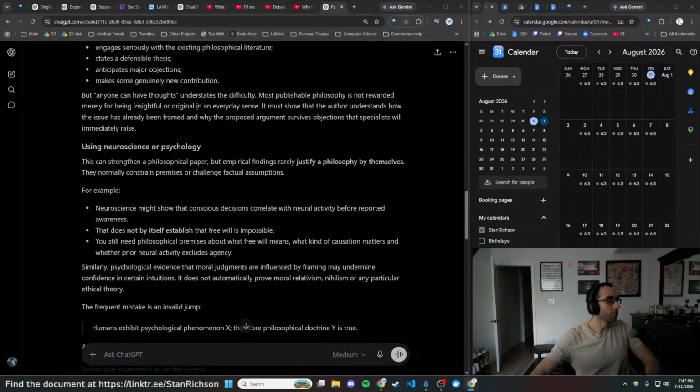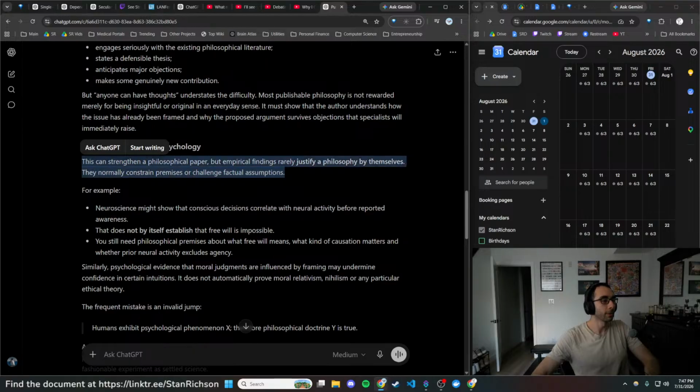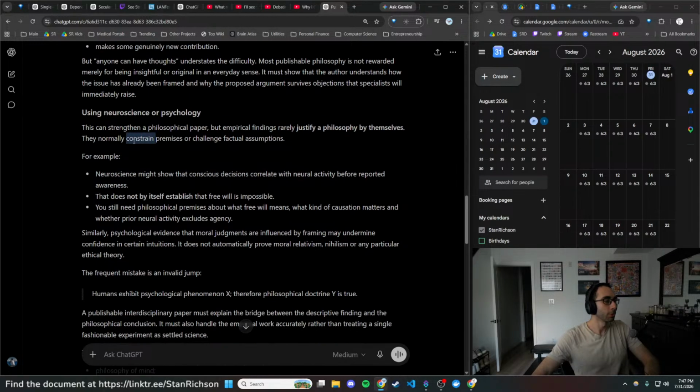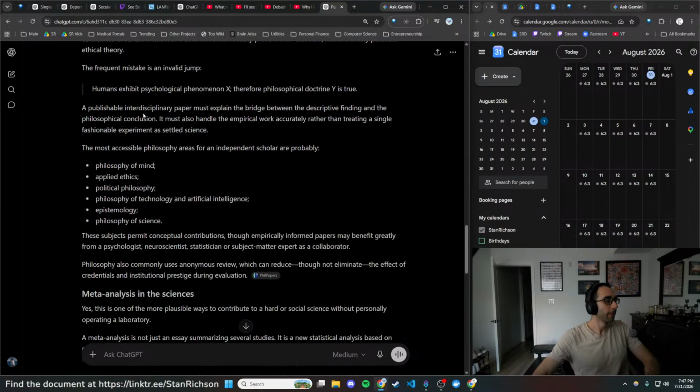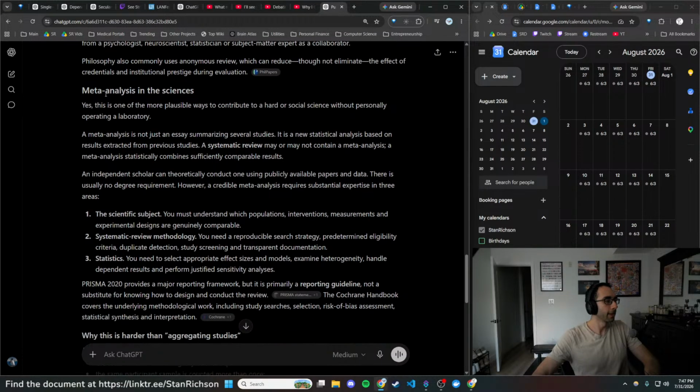All right, using neuroscience or psychology can strengthen a philosophical paper, but empirical findings rarely justify a philosophy by themselves. Normally they constrain premises or challenge factual assumptions. Okay. Meta-analyses. Okay, yes, this is one of the more plausible ways to contribute to a hard or social science without personally operating a laboratory. A systematic review may or may not contain a meta-analysis.